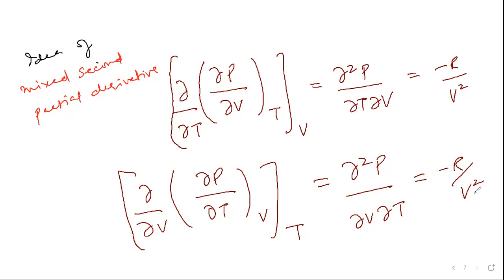I get minus R by V square again. So this is called a mixed second order partial derivative, because the first differentiation is with respect to one variable, the second differentiation is with respect to another variable, right? In the first differentiation, the second variable is held constant. In the second differentiation, the first variable is held constant.